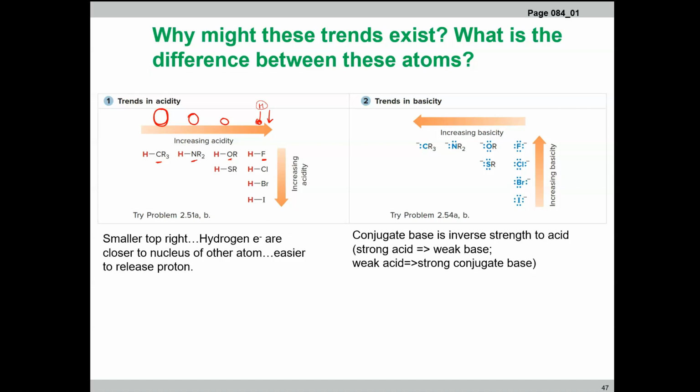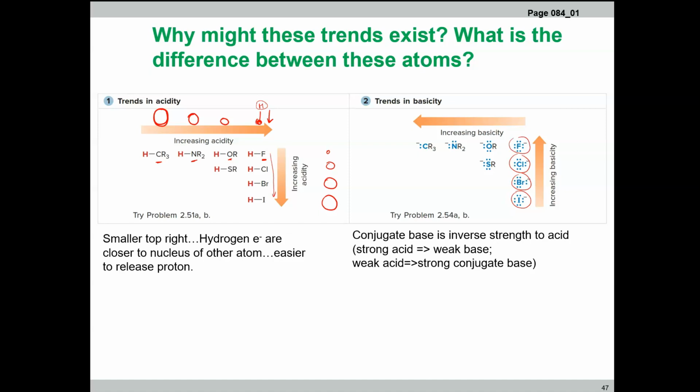Now when we're looking at the halogens going from the top to bottom, we have these bigger shells. And it's not actually about where the protons and the electrons are, but it's the conjugate bases that you can see over here that are more stable. These are more happy.